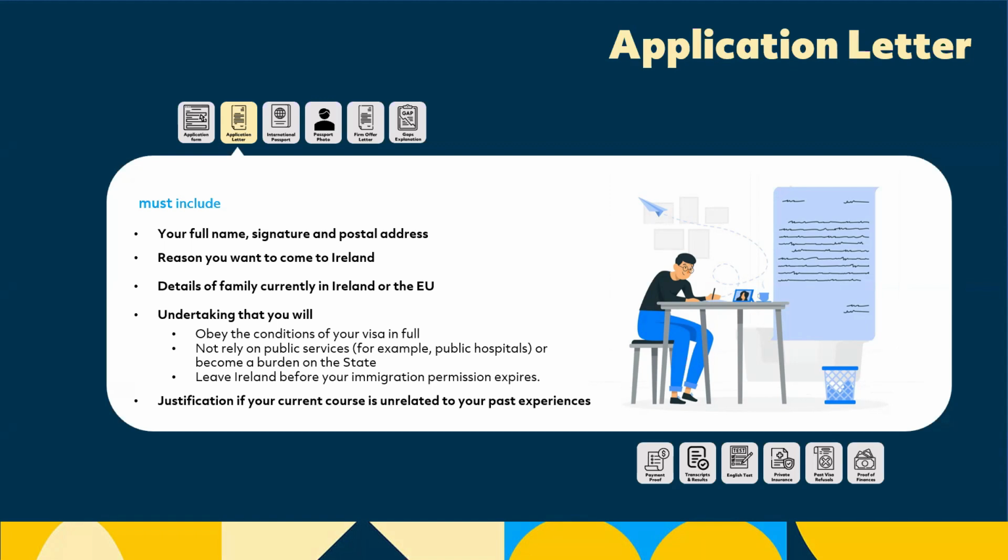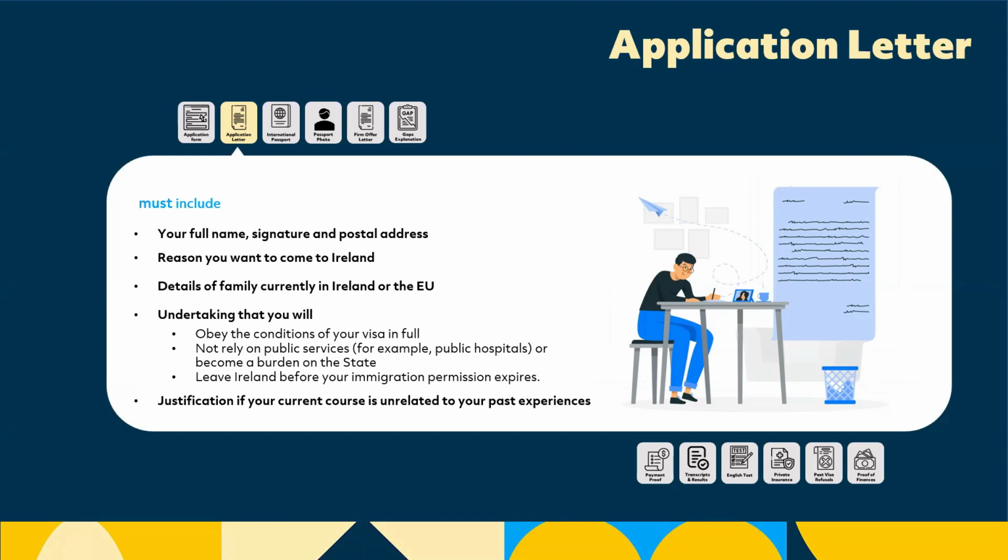Okay. And then you must include an undertaking that you will observe the conditions of your visa in full, not rely on public services, for example, public hospitals, or become a burden to the state as well. Finally, and this is also very important, you must leave Ireland.